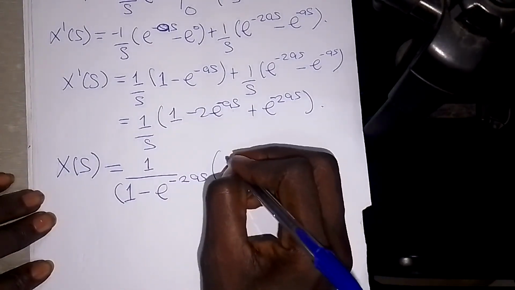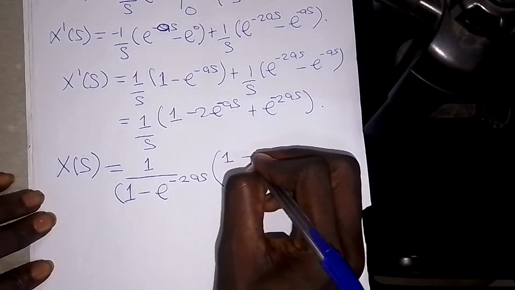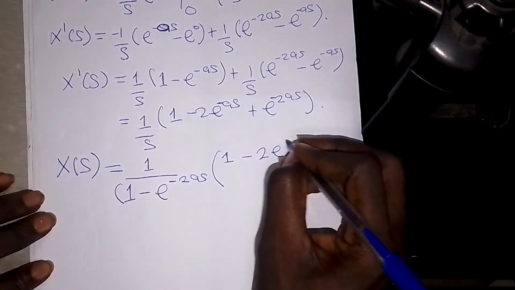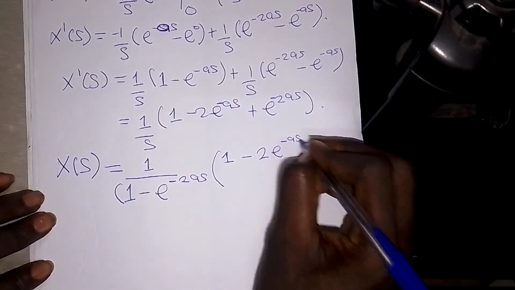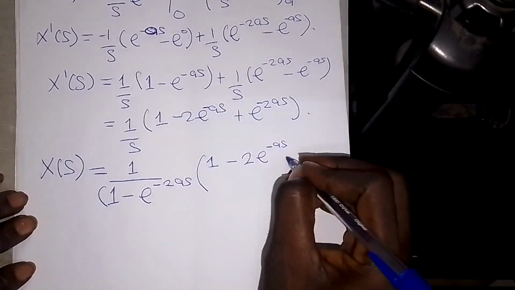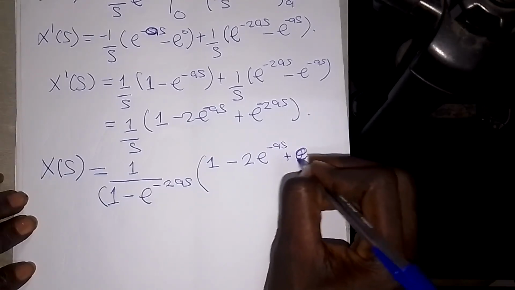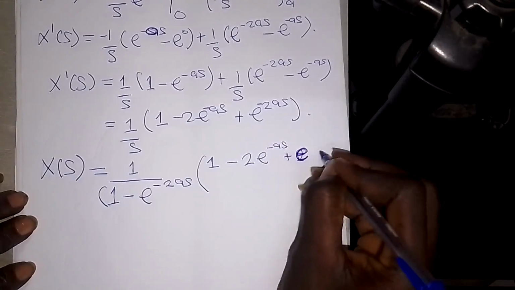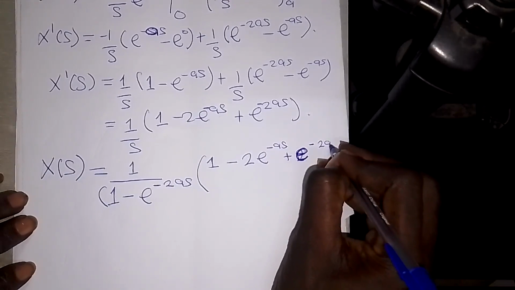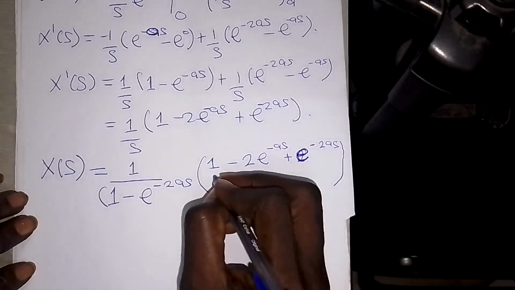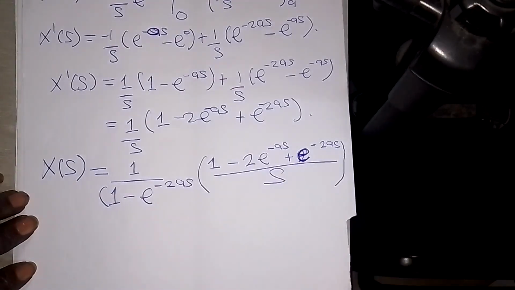All this, into what I have here, which is 1 minus 2e^(-as) plus e^(-2as), all this over s.